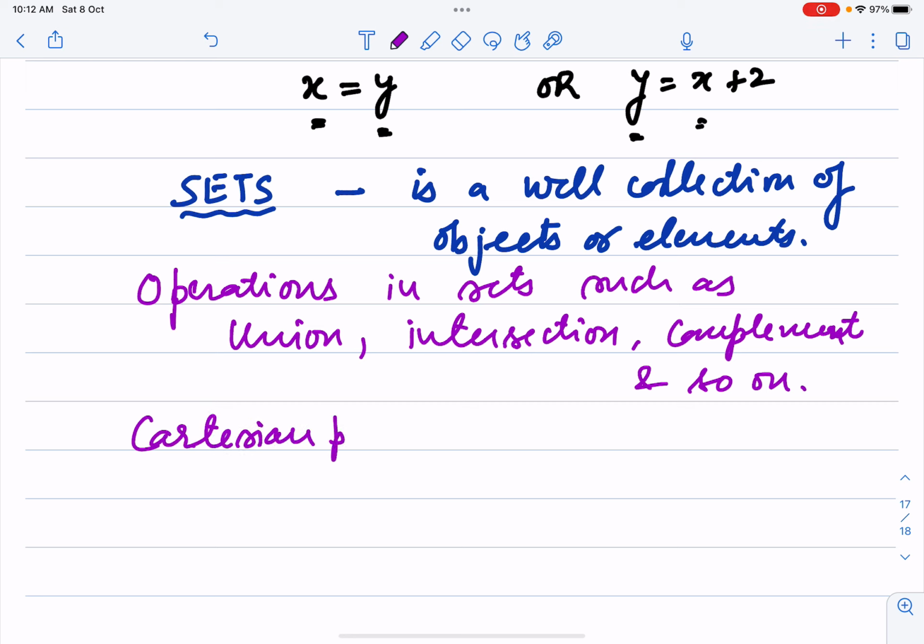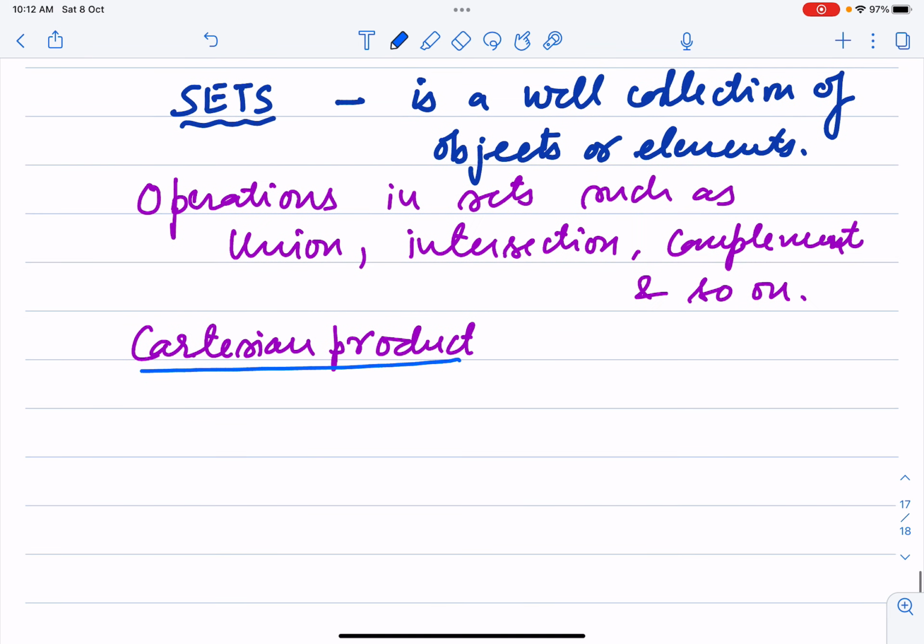Cartesian product. Now we should first understand what a Cartesian product is. Okay, before we deal with Cartesian product, let us try to understand what an ordered pair is. Actually, an ordered pair consists of two objects or elements in a given fixed order, right?